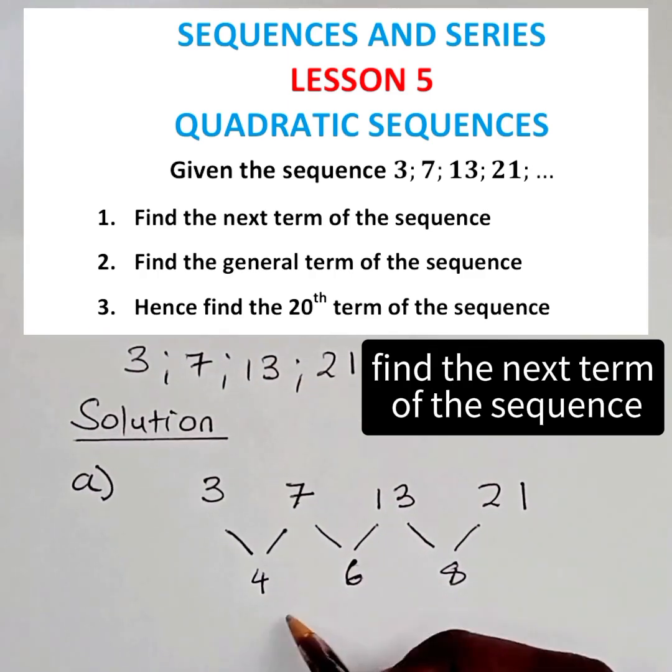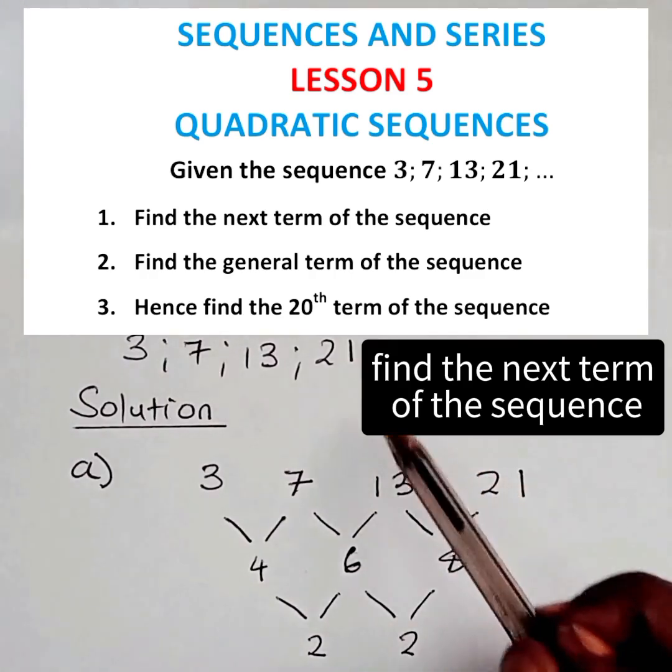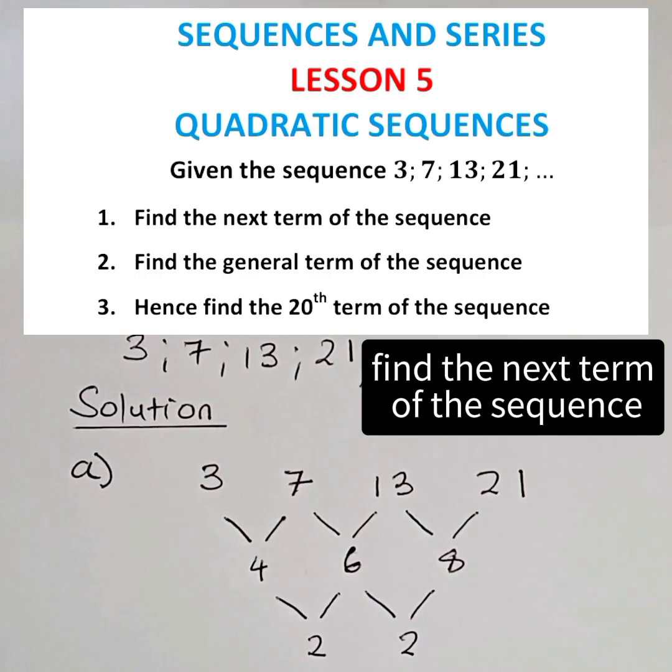Now the second difference is 6 minus 4, you get 2. 8 minus 6, you get 2. Now we are required to find the next term in that sequence. This sequence is actually going on and on. Now we are going to add this 2 to 8, so 2 plus 8, you get 10.